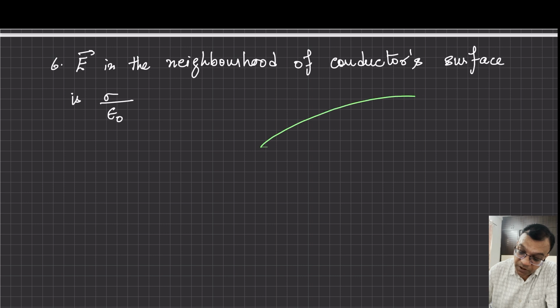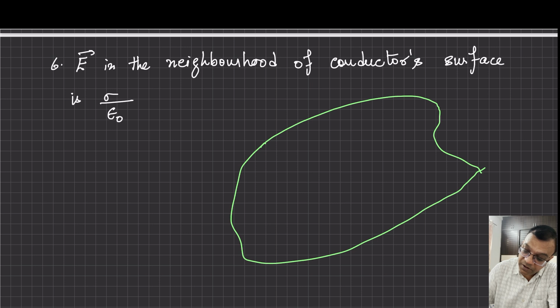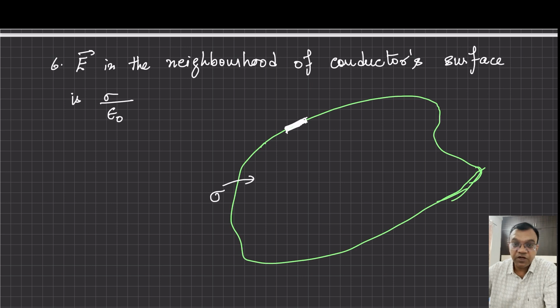Let us say any conductor surface, any conductor like this, and some charge has been given to it, which has been divided at different points with surface charge density depending upon sigma proportional to 1 upon r. If we consider one small element here, a small part of the surface of the conductor, then the electric field here will be sigma upon epsilon naught.